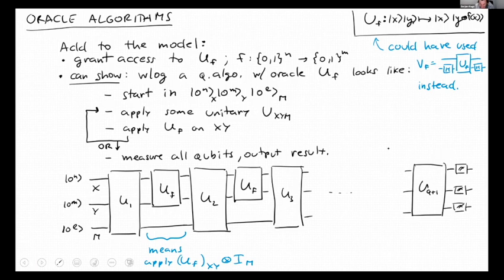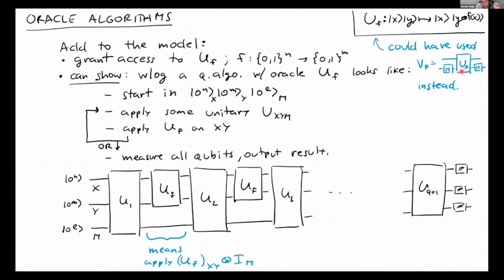We'll work with that. So let me see, I keep losing my pointer here, but I can do it like this. Yeah, so let me just point out that, because we talked about a kind of transformation between U_F and this V_F operator, we could have just as well described this model of quantum algorithms with oracle access to classical functions by granting the quantum algorithm this V_F operator instead.